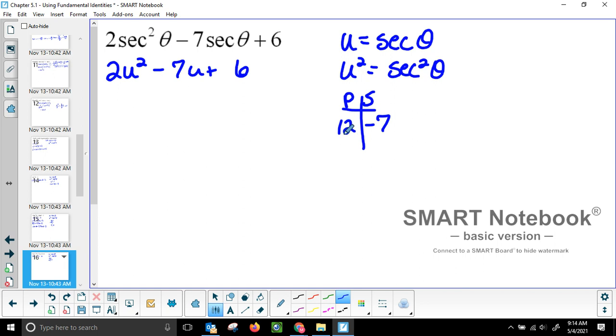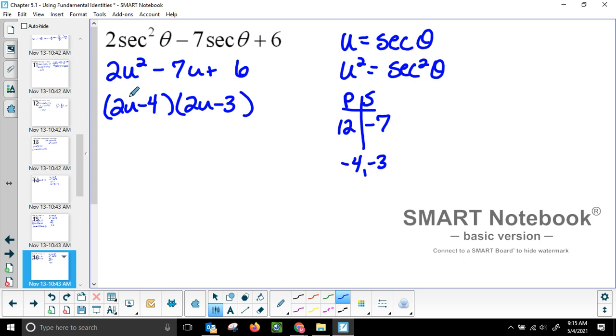Two numbers that multiply together to give me 12 and add together to give me negative 7 are negative 4 and negative 3. So I keep my leading coefficient here, and I fill in my blanks with the numbers I just found, negative 4 and negative 3.